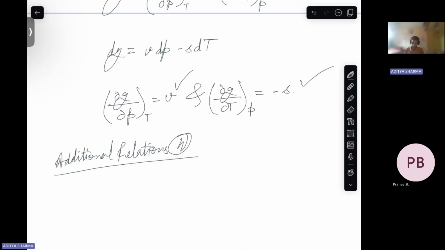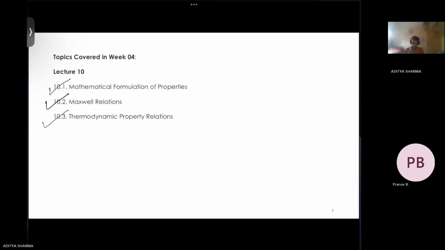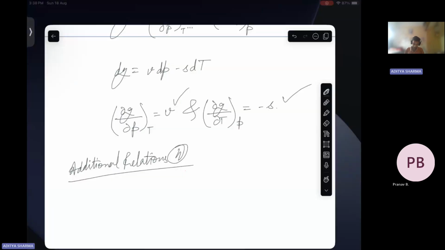So this is about thermodynamic property relations. Okay. Maybe I can write the 4 also.